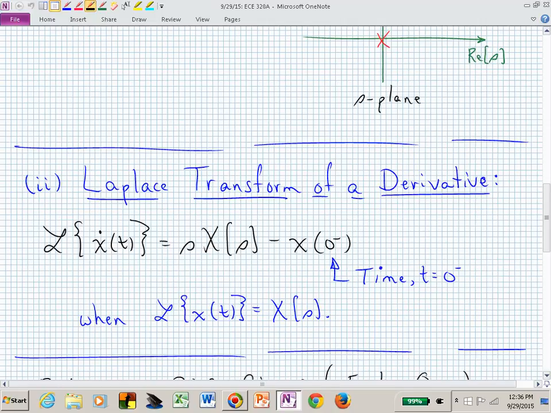And if there's a non-zero initial condition, then we need to incorporate that into the Laplace transform of that derivative. That gives us information about where or how that signal is moving, its time rate of change, right at time t equals 0. And we subtract that from s times capital X of s.